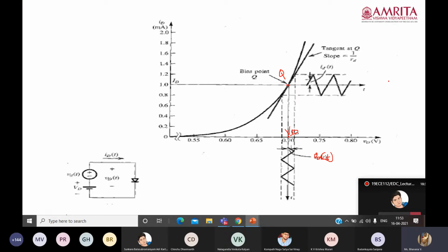So please draw this diagram, graph. And also tell me what is rd from the graph.